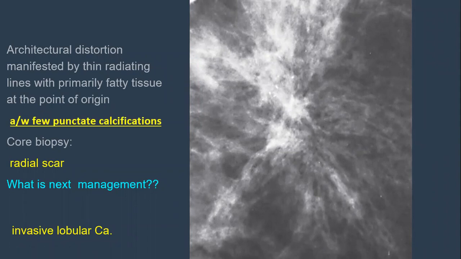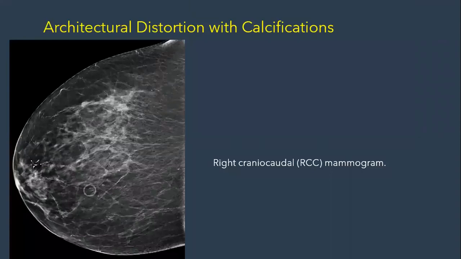Okay. This lesion, after excision and biopsy, was upgraded to invasive lobular carcinoma. Can you see any architectural distortion on this mammography?